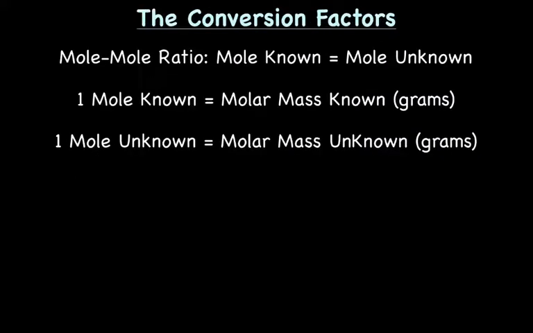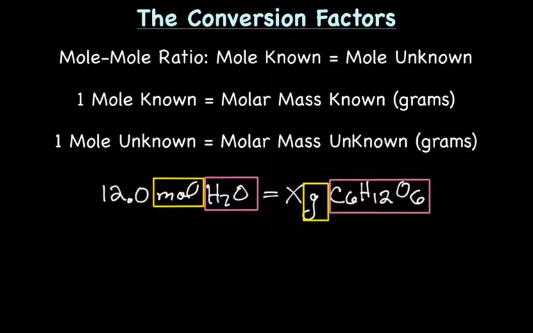All right, let me put our equation here so we can look over it. It'll make it a little easier. Okay, so we're starting here with mole H2O, and we want to get to grams C6H12O6.